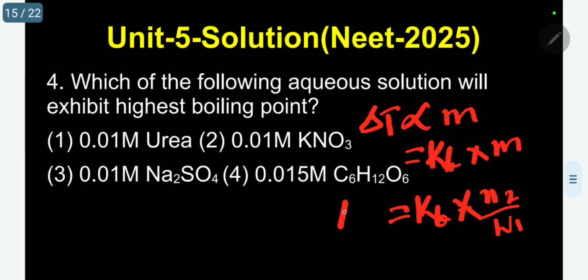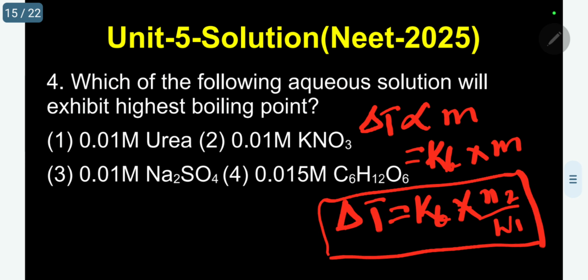So this is the formula. If you know this formula, you can easily answer this question. Delta T, the elevation of boiling point, is T2 minus T1. That is the difference, the elevation of boiling point, delta T.